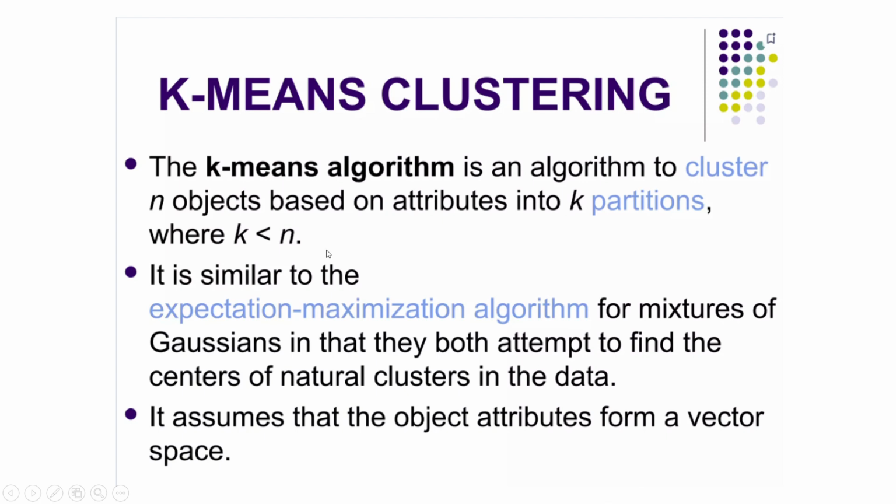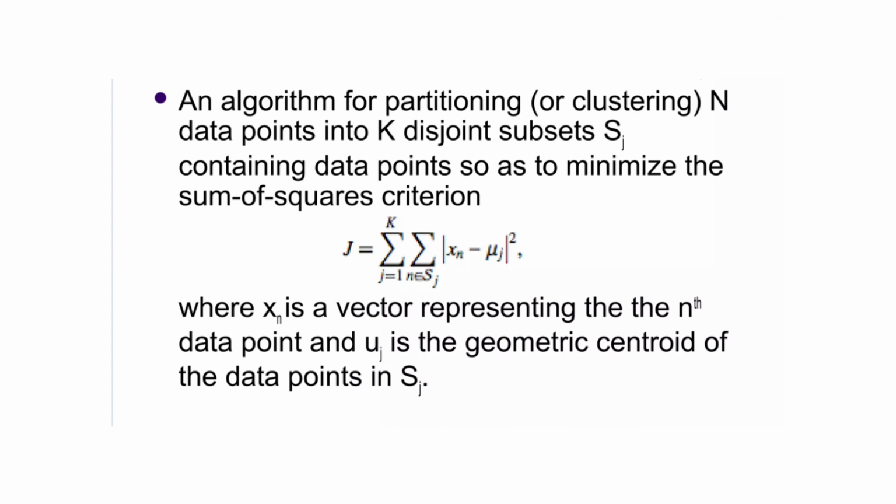It is similar to the expectation maximization algorithm for mixtures of Gaussians, in that they both attempt to find the centers of natural clusters in the data. It assumes that object attributes form a vector space, where we use the sum of squares criterion in this algorithm.